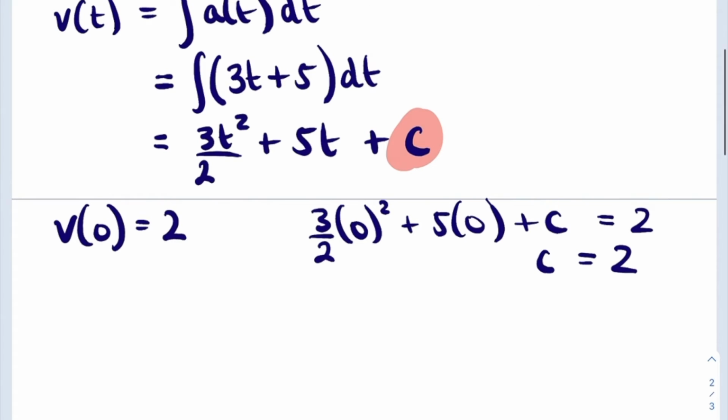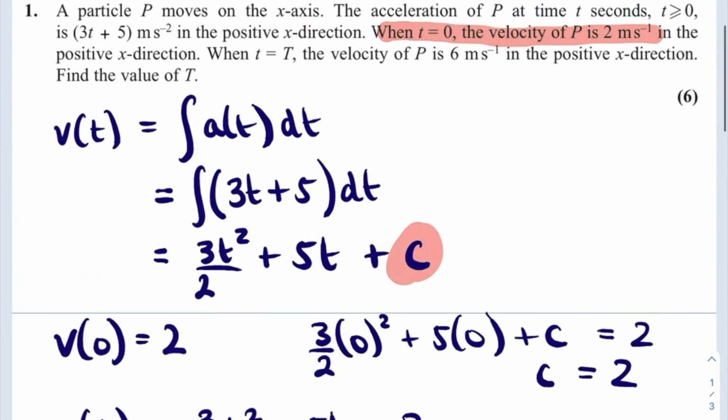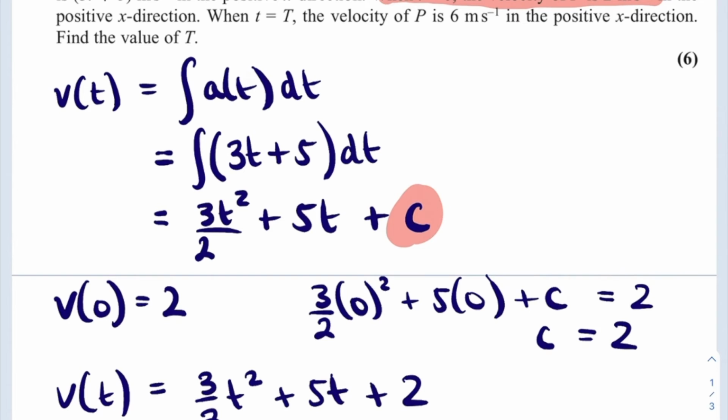So far, I know that my velocity with respect to time is 3 over 2 t squared plus 5t plus 2. So this is my velocity at any time. And so the point of this question is to find the capital T, and I'm going to use this sentence to do it.